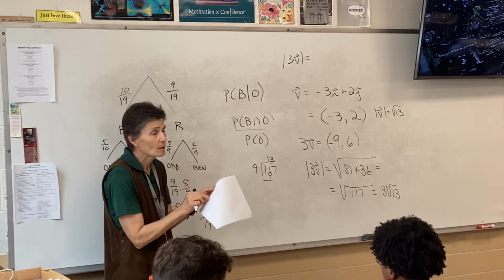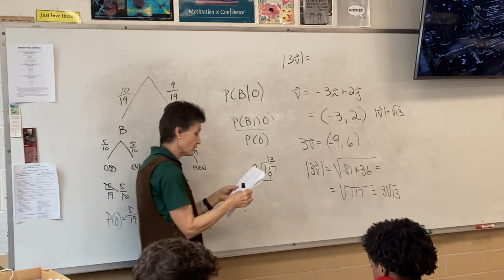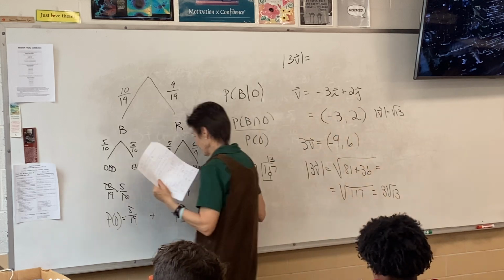Which one? 33. Write parametric equations for the line through these 2 points.